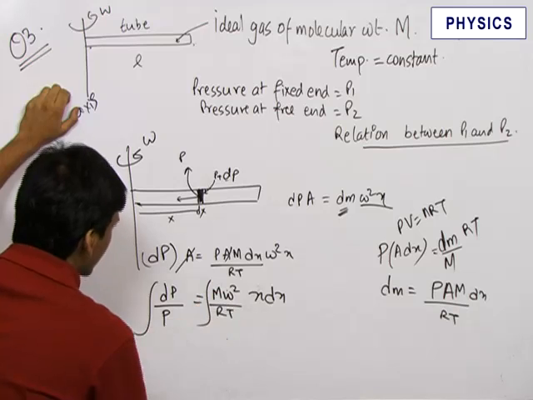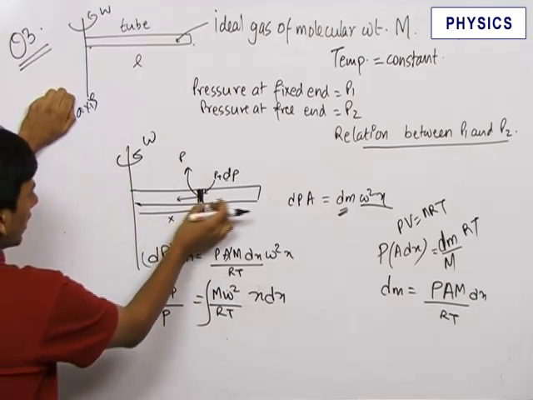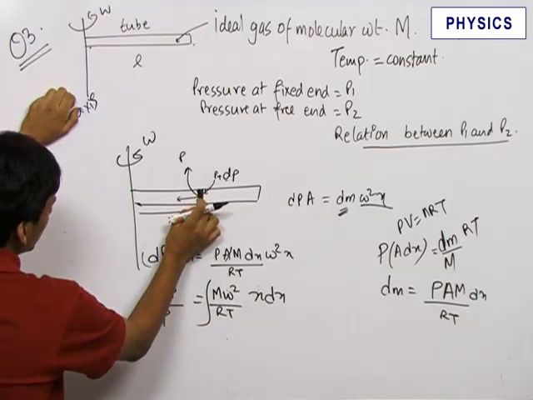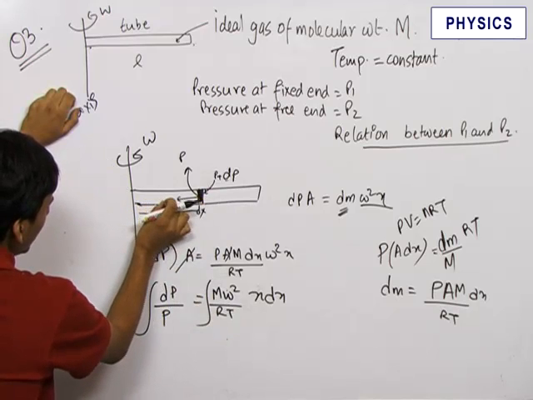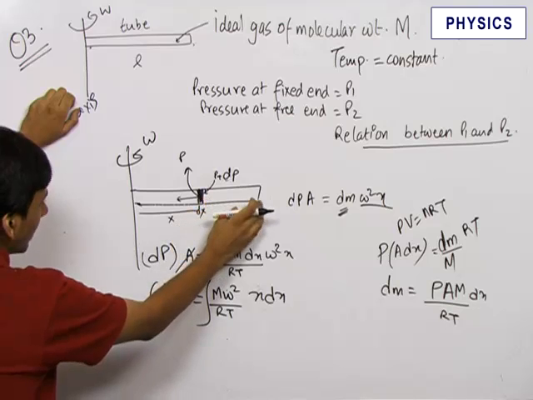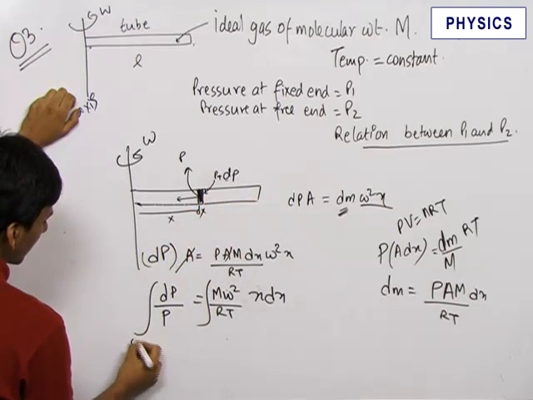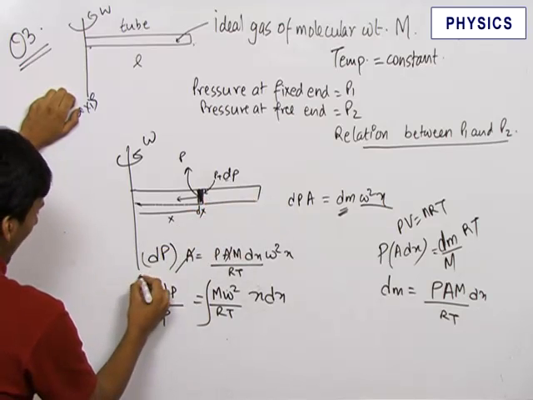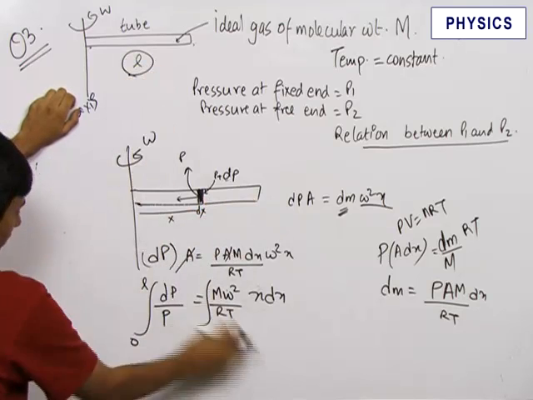On integrating this, we need to find out the increase in pressure till we come to this point. There is a dP increase in pressure till we come to here. To find out the pressure at this point, we therefore integrate this from 0 to L, that is the length of the rod.